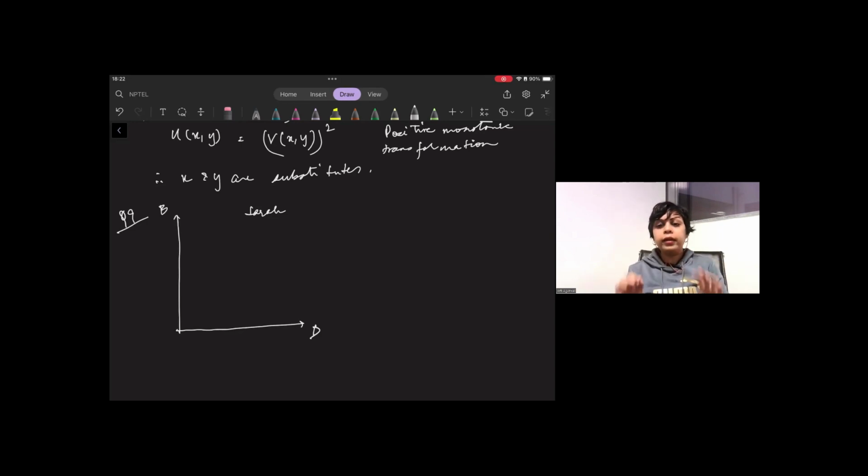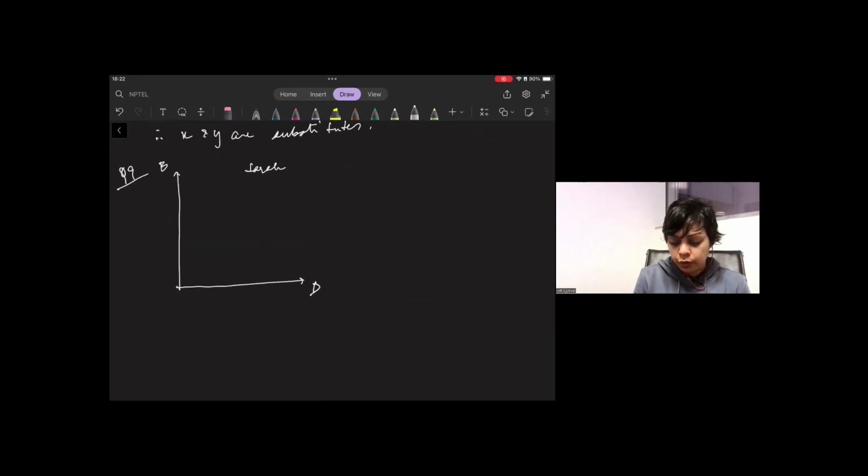If you are given a utility function of x comma y or a comma b, then a is x and b is y. Similarly, if you are given MRS of alpha comma beta, then alpha is x and beta is y, and so on. From that you can figure out which one you put on the x-axis and which one on the y-axis.